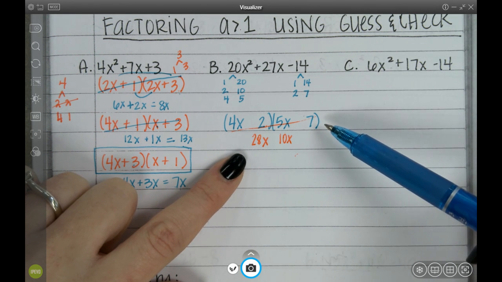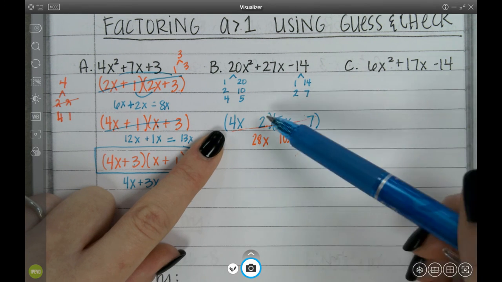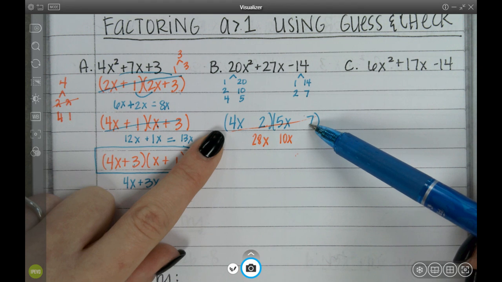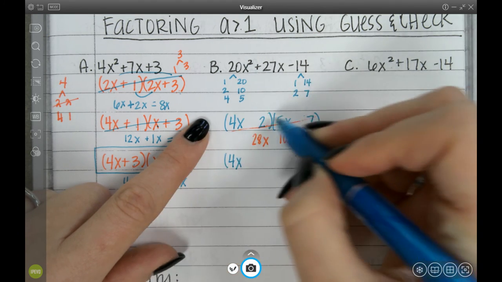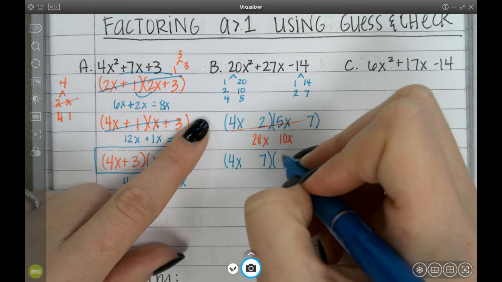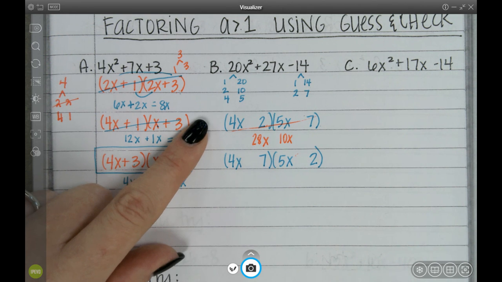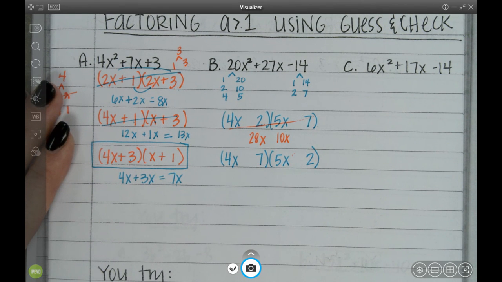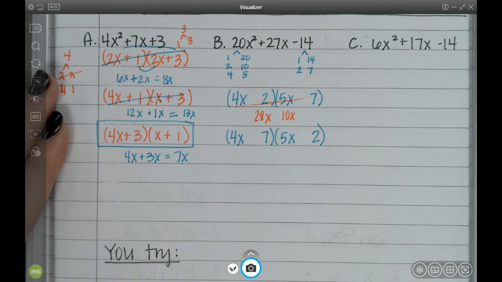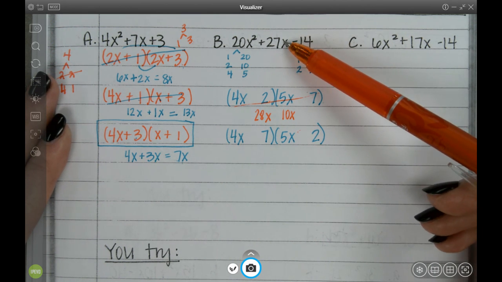So what I'm going to do instead of moving to the next one is I'm going to take my 2 and 7 and switch those to see if that helps me. So I'm going to do 4x and 7 and a 5x and 2. I'm going to see if that gets me any closer. So I need two numbers that subtract to give me 27, right?